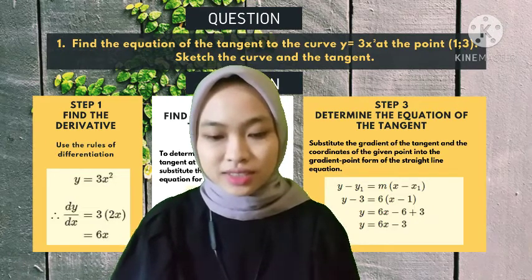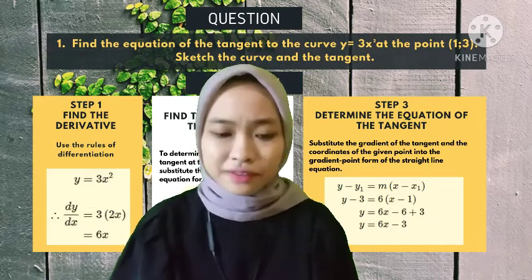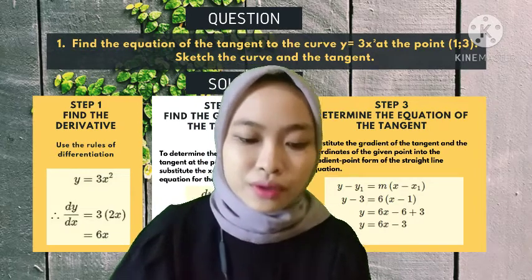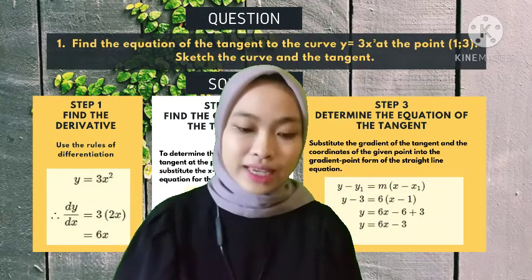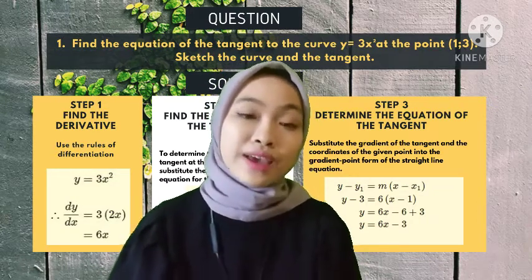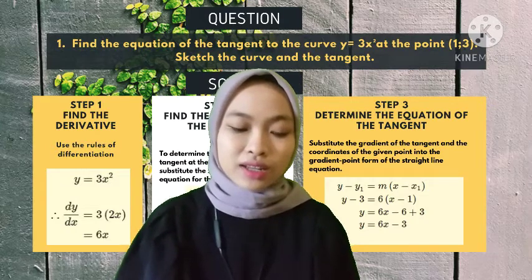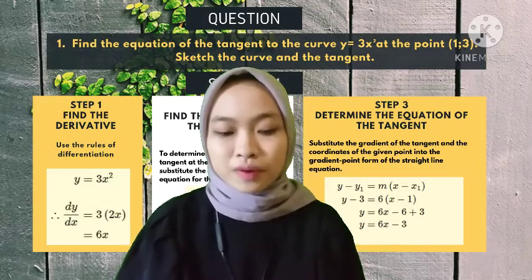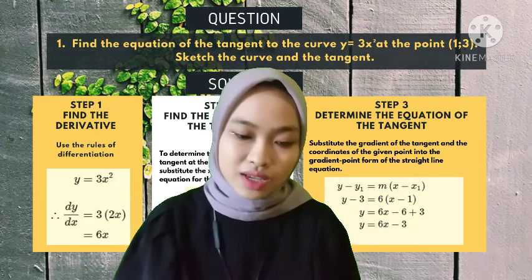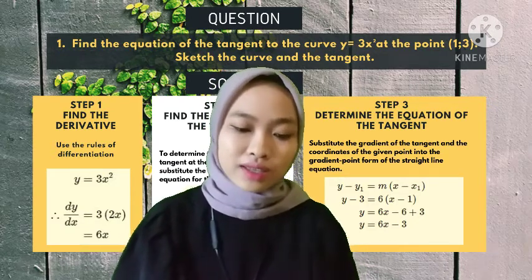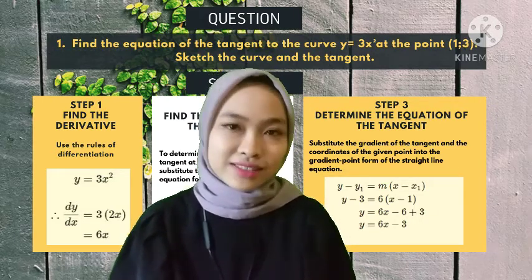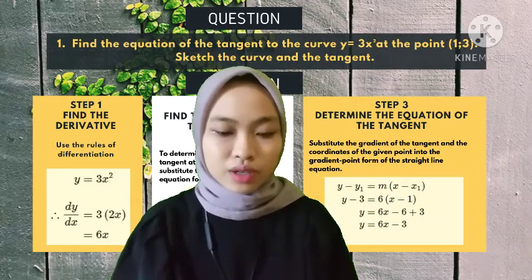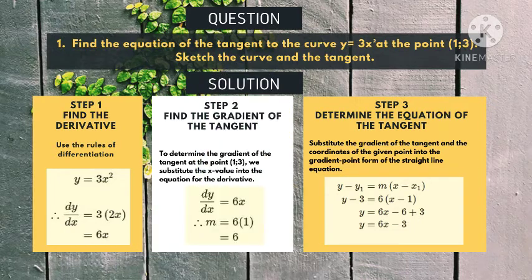Step 1. Find the derivative. Use the rule of differentiation. Okay, y is equal to 3x squared, and then we get dy per dx is equal to 3 multiplied by 2x, and then we get 6x. Okay, we move to step 2. Find the gradient of the tangent.